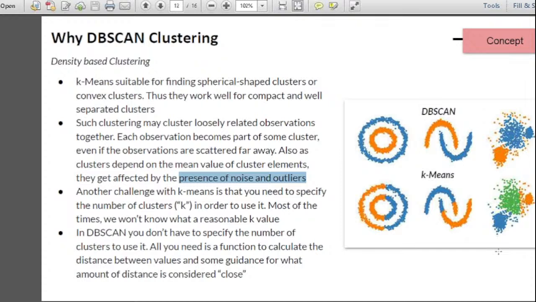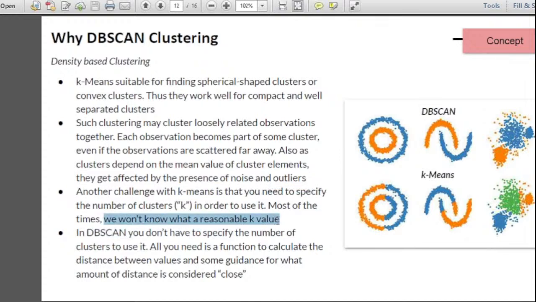These are the challenges. Another challenge is that in k-means there is no scientific method of defining K. You define K based on your intuition, based on your understanding of the business, right? Another challenge is that you need to specify the number of clusters before creating the algorithm.